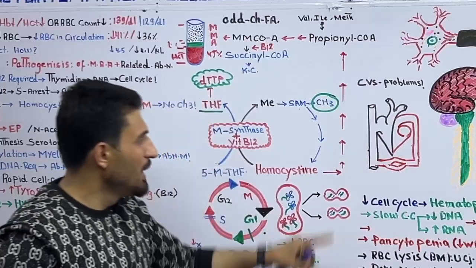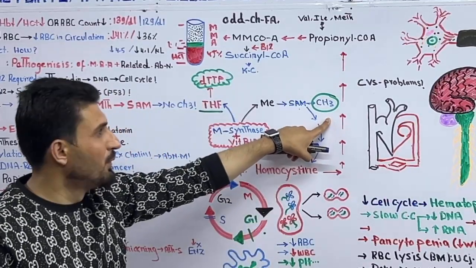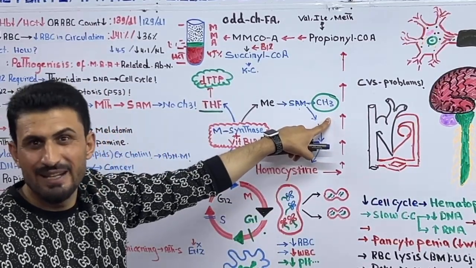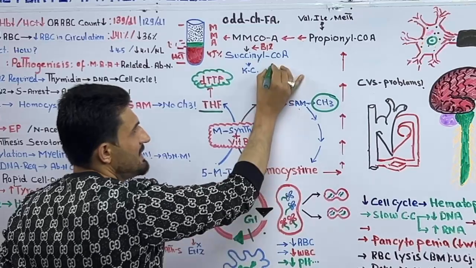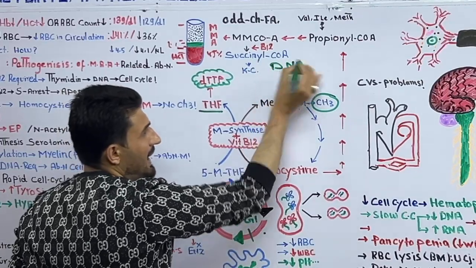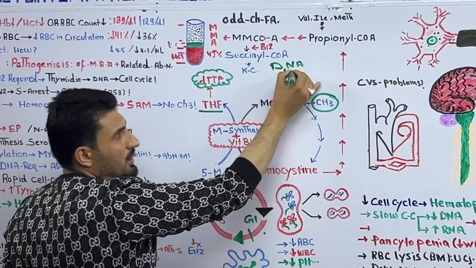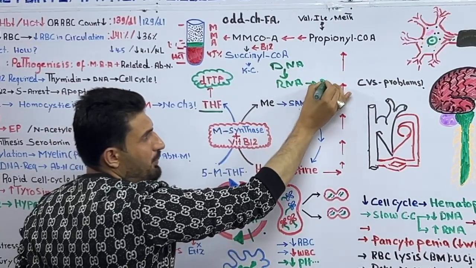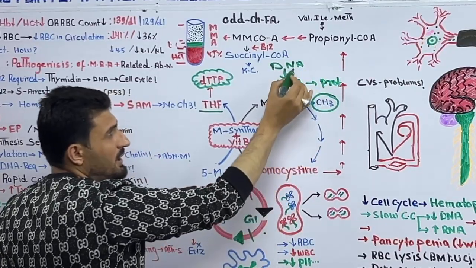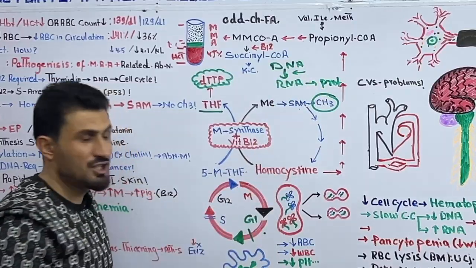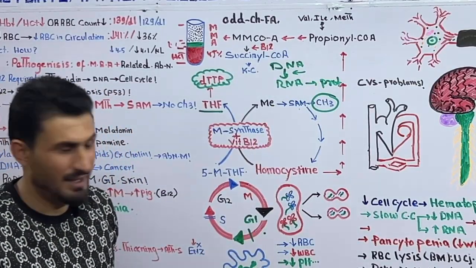For example, we need methyl groups for gene expression in DNA. When we want to make RNA from DNA, and protein from RNA, we need some methylation processes.